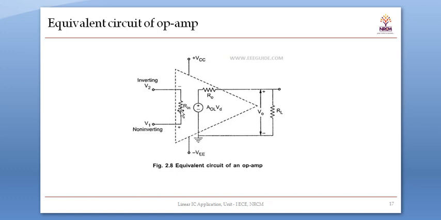It is indicated here by Rin, and AOL into VD is acting as a voltage source here at the output, and AOL is the open loop voltage gain, and VD is the difference voltage between non-inverting input terminal and inverting input terminal.